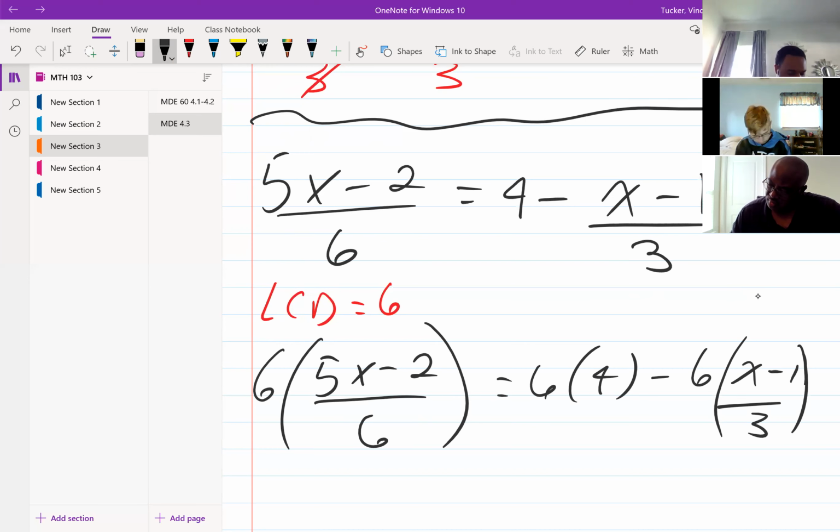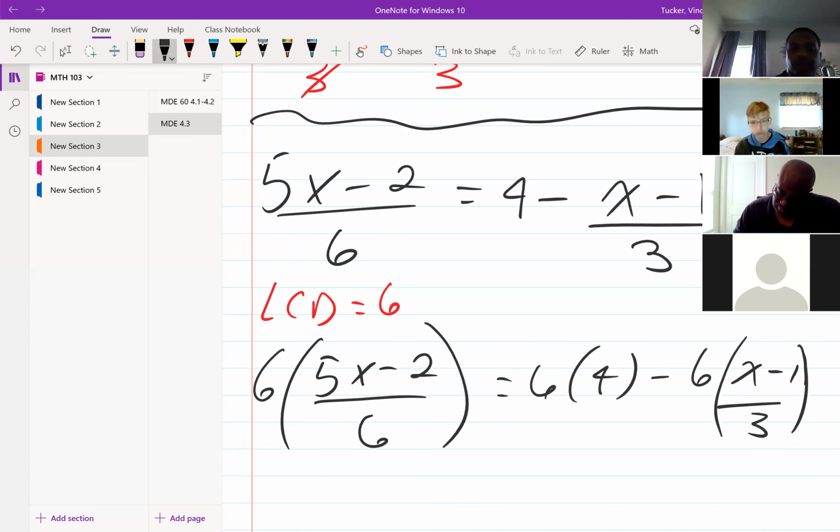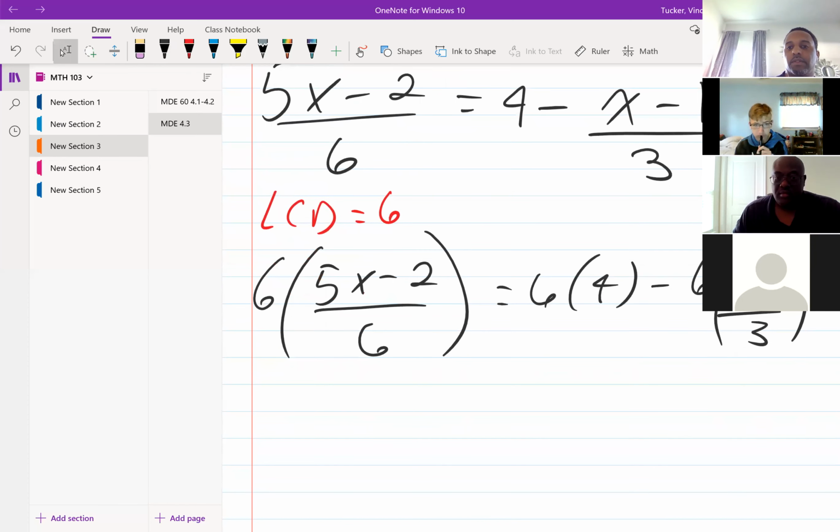Why are we multiplying 6 times 4 if it doesn't have a denominator?